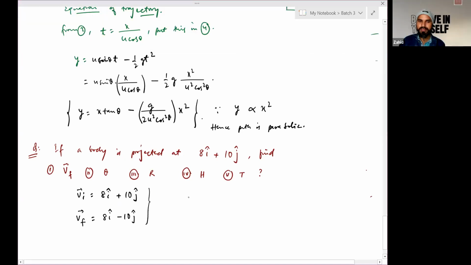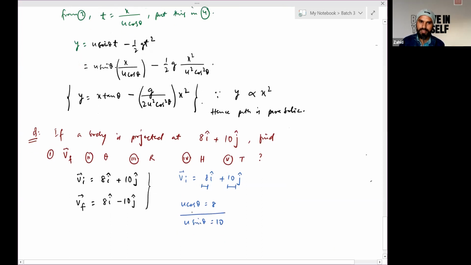Next, if you break this into components, we have v initial equal to 8 i cap plus 10 times j cap. So this will be u times cos theta, and this will be u times sin theta. If you divide these two terms, u and u will cancel out.